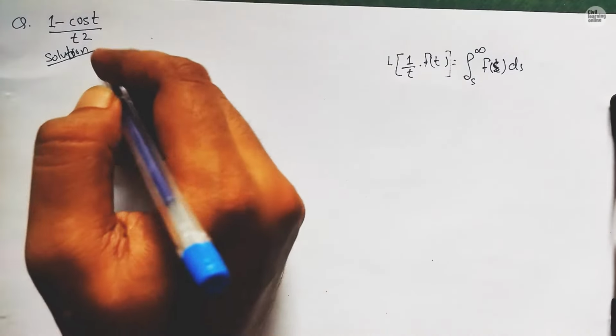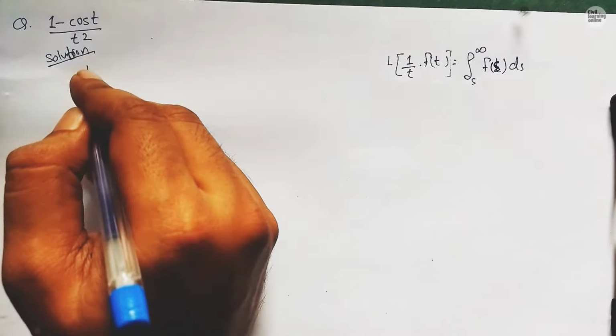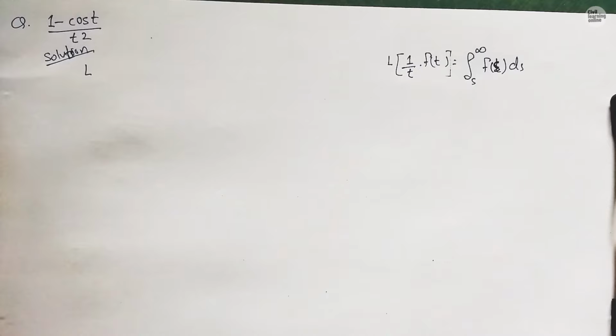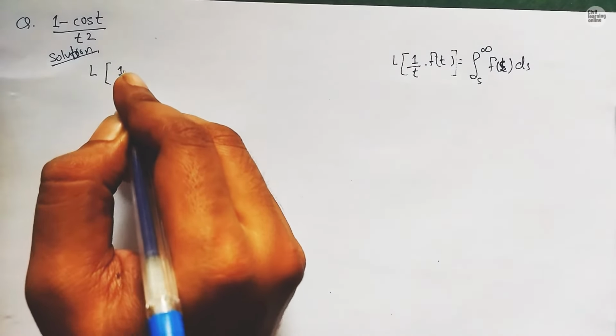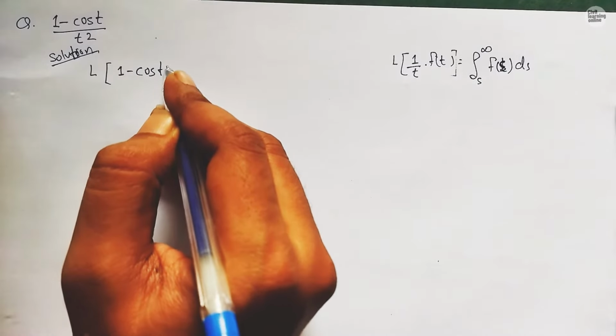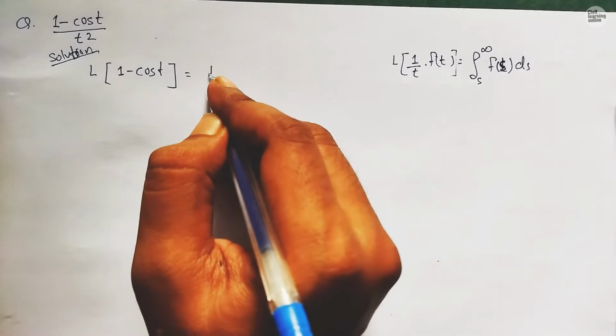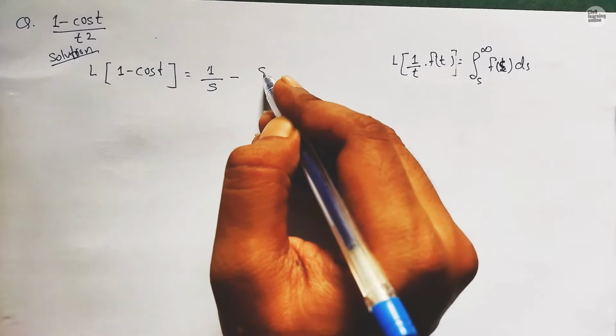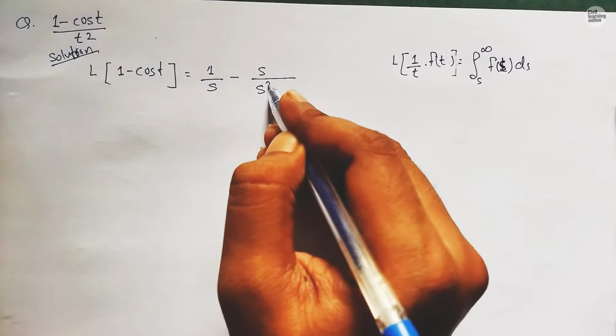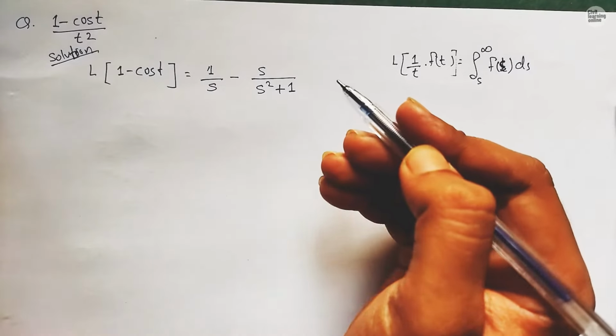So we have here, we know that Laplace transformation of 1 minus cos t is 1 upon s minus s upon s square plus 1.